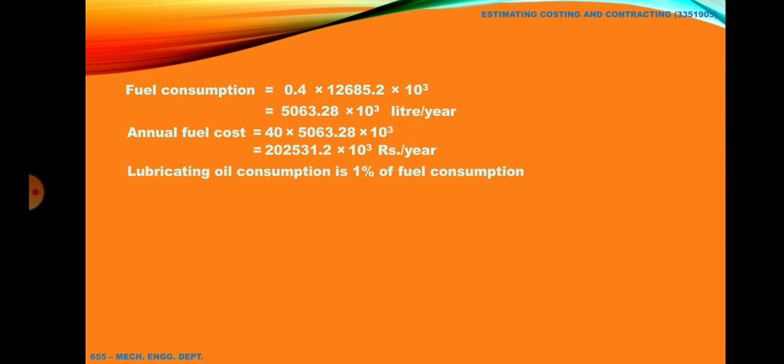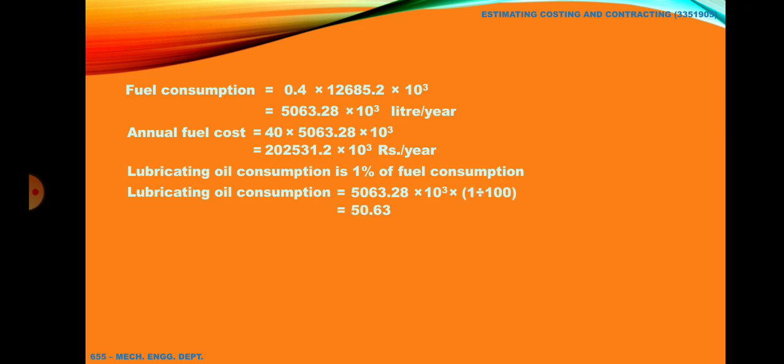Now, lubricating oil consumption is 1% of fuel consumption. So lubricating oil consumption equals, what is fuel consumption? We have 5063.28 into 10 raised to 3, and lubricating oil consumption is 1%, so 1 divided by 100.